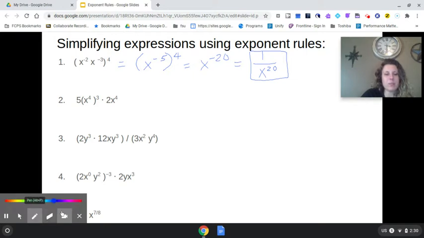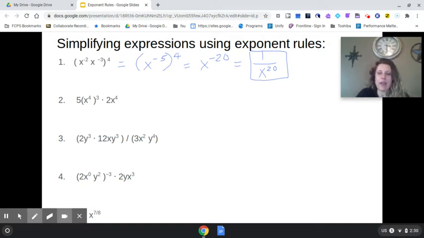Taking a look at number 2, we have 5 times x to the 4th raised to the 3rd times 2x to the 4th. Okay, so the first thing I'm going to simplify is this power to a power. So x to the 4th raised to the 3rd, I would multiply those exponents together.